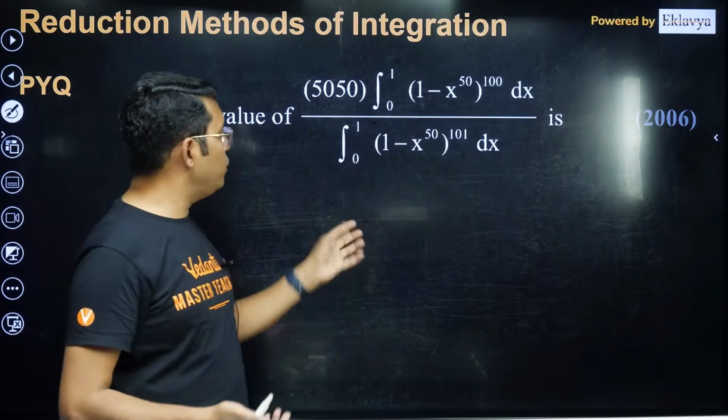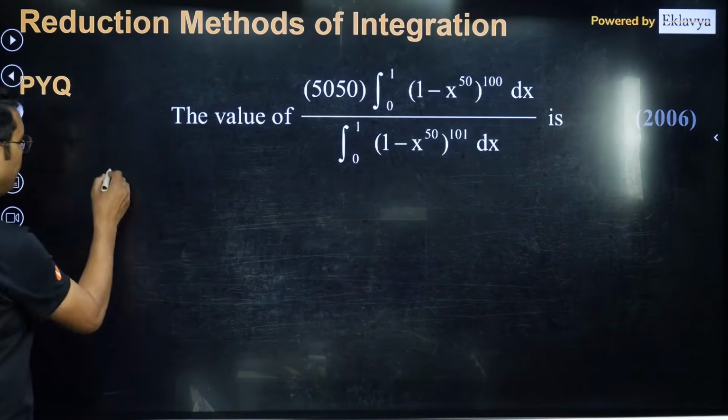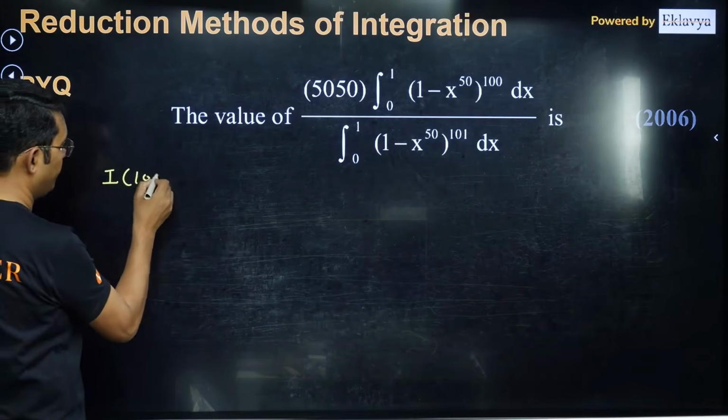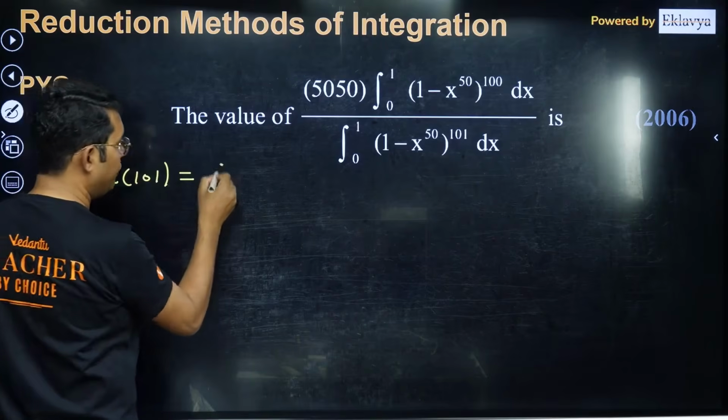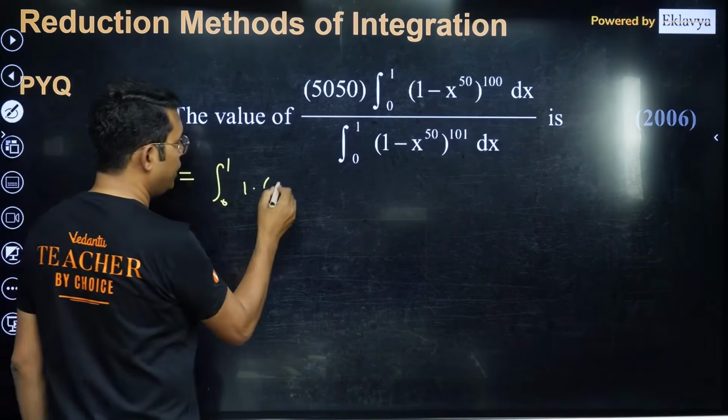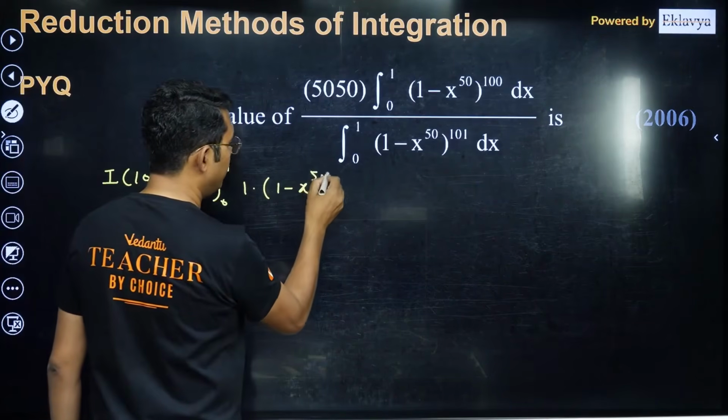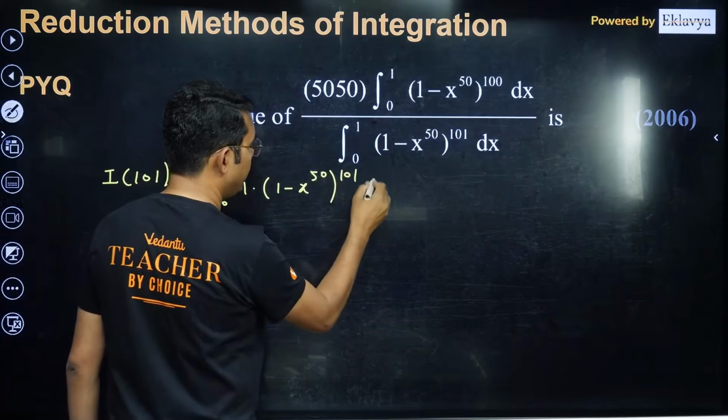Okay, so what we can do, we can start with this I 101 maybe, and this will be integral 0 to 1, 1 into 1 minus x raised to the power 50, 101 dx.